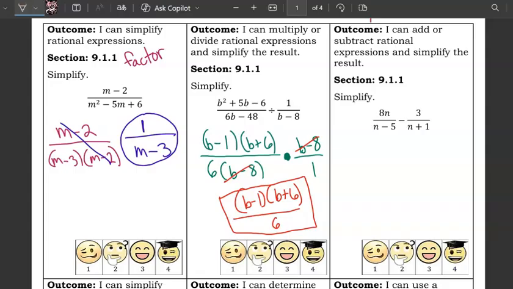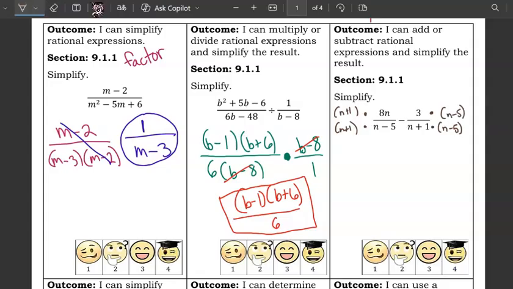Outcome: I can add or subtract rational expressions and simplify the result. Alright, so with this one, we have two denominators that are not the same. So to make them the same, we're going to multiply the first fraction by the second fraction's denominator, n plus 1, and we're going to multiply the second fraction by the first fraction's denominator, n minus 5.